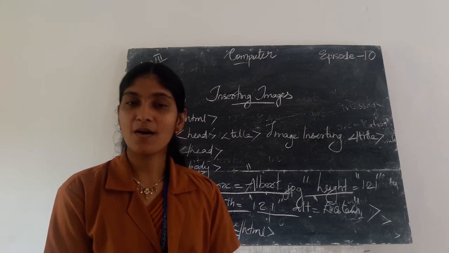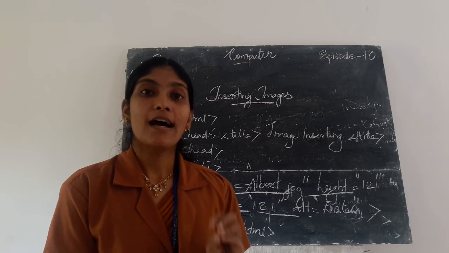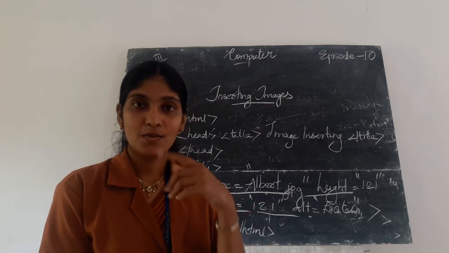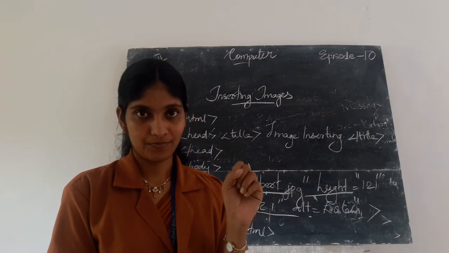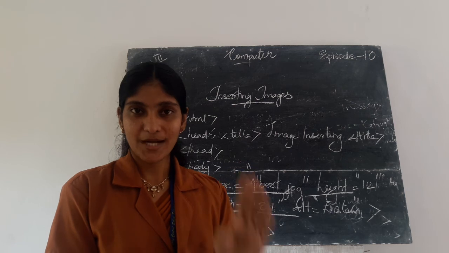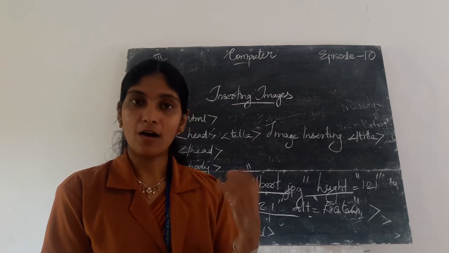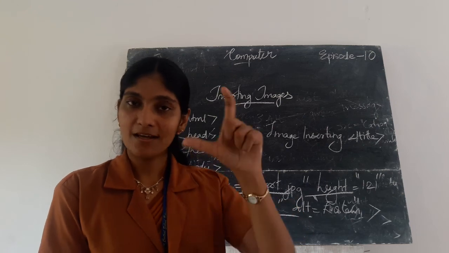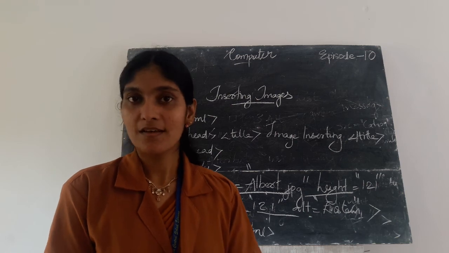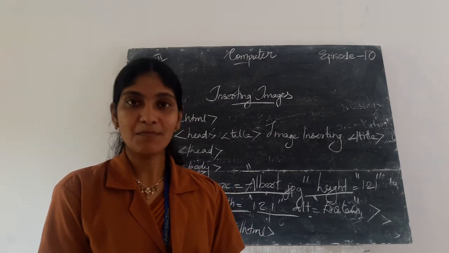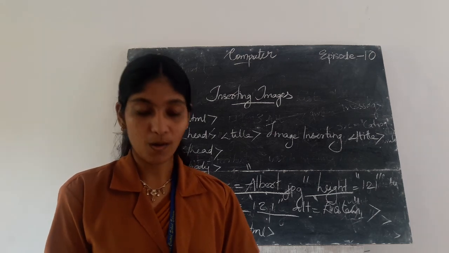The unordered list is represented by UL, and the ordered list is represented by OL. Write the syntax of OL and UL: opening OL and closing OL. Between the pair of tags, you can insert the list of items which are displayed using the bulleted or numbered list.